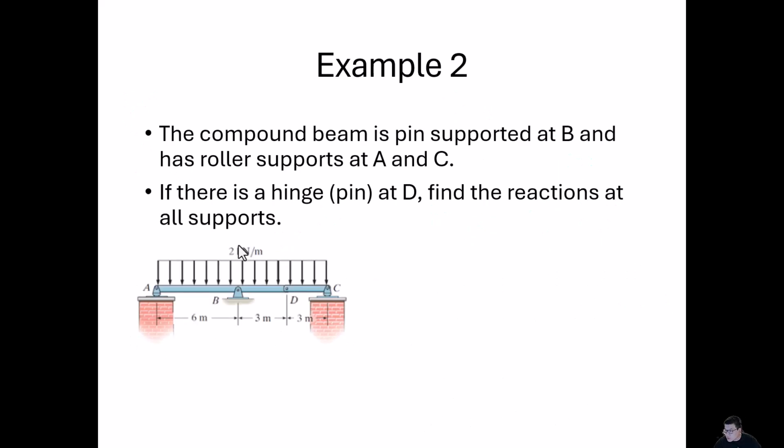So example 2, we have a composite beam, which has a pin support at B and a roller support at A. If there is a hinge at D, find the reactions for all the supports. Okay, so it's given. We have a composite beam. A is a roller, which means we will have AY.